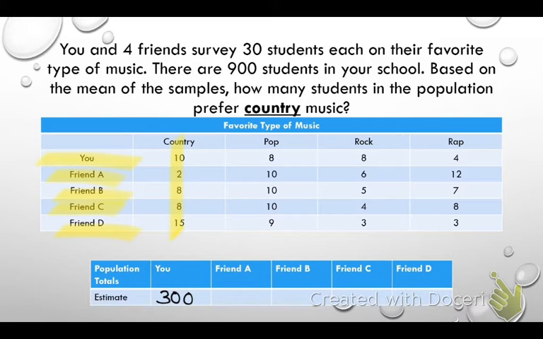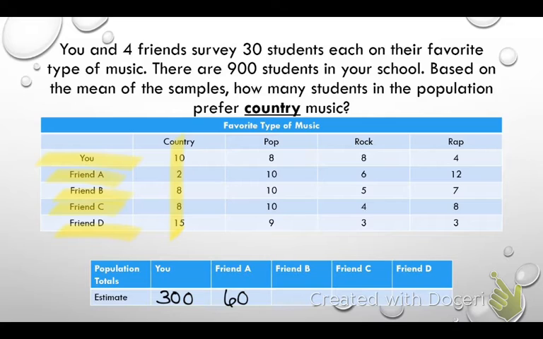So they're like, yeah, no, not country. 2 out of 30 is 1/15. Change that to a decimal, multiply it by 900. What did you get? Yeah, only 60. So based on their sample, they would estimate only 60 people in the population would prefer country. All right, let's go across. What about friend B?